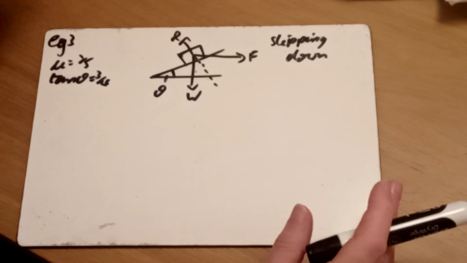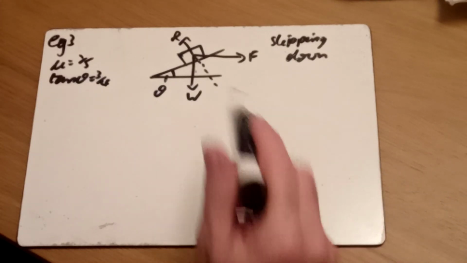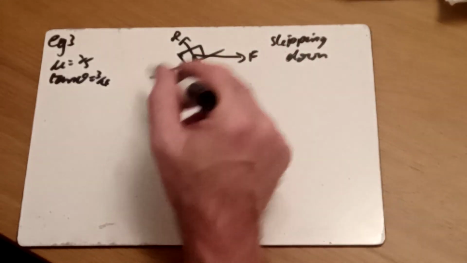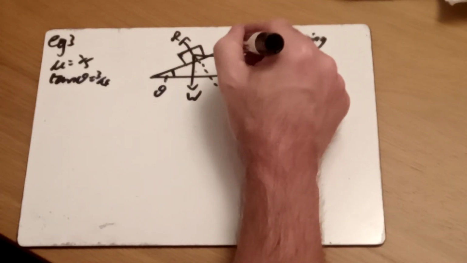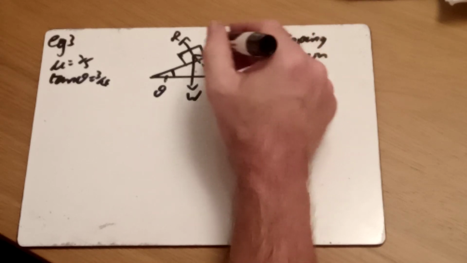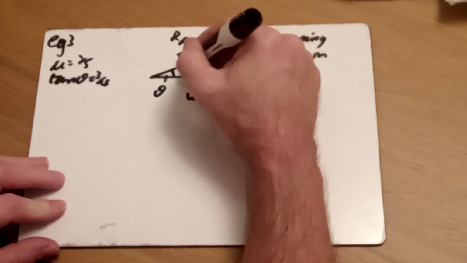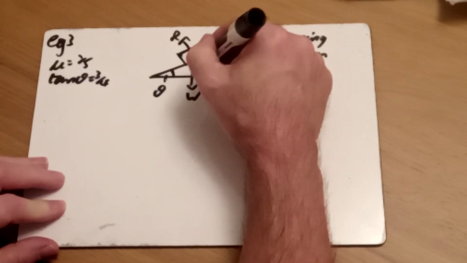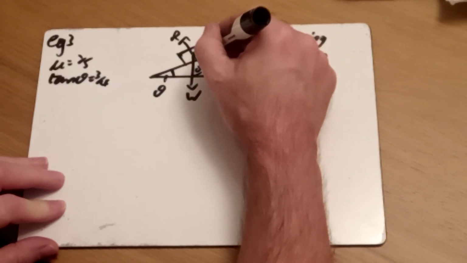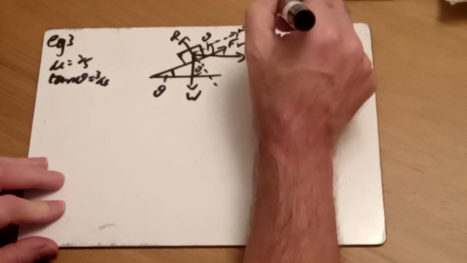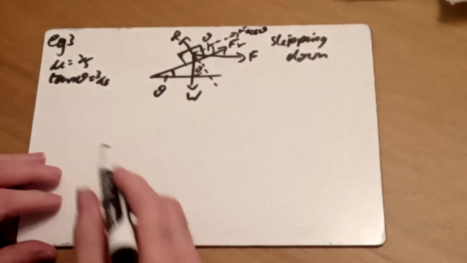Last one. You give me mu. It's a horizontal force. It's slipping down the plane, so on the verge of slipping down the plane, my friction will act upwards. I'm going to do my component of F, and if that's theta, that's 90 minus theta. This is also theta, so that's F cos theta. But they haven't given me what cos theta is.